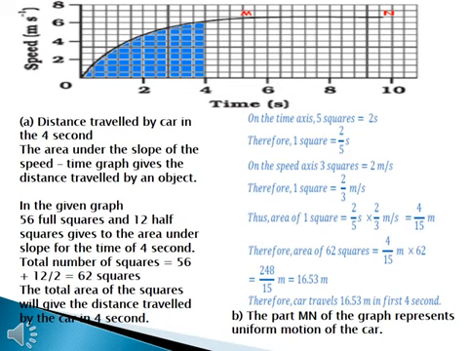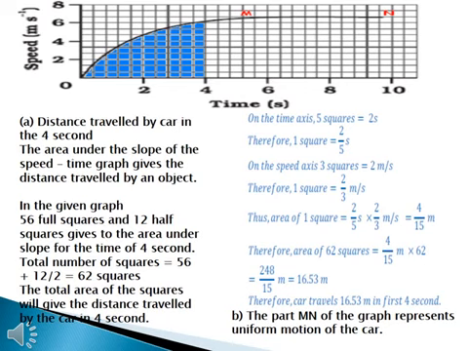The area under the speed time graph gives the distance traveled by an object. So we have to calculate first the distance traveled by the car in this time interval. At first, we have to count the number of full squares and the number of half squares which are under the graph in this time interval.